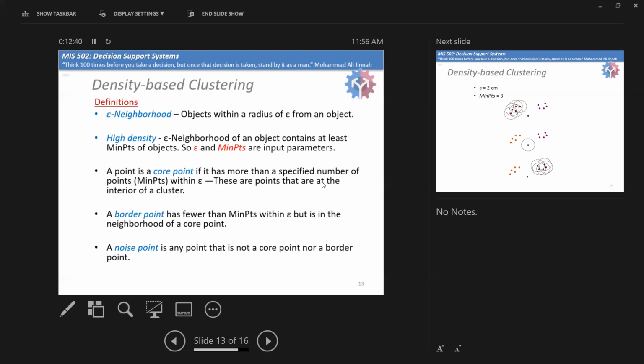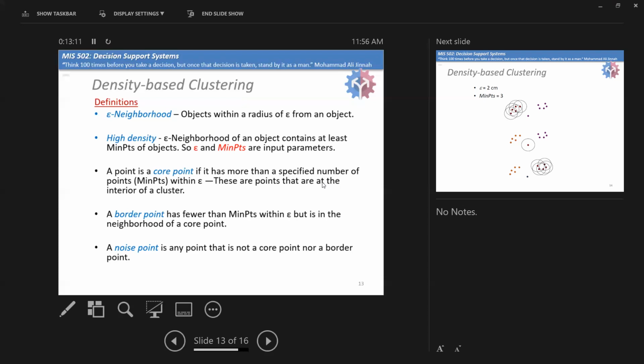If you understand these concepts, then we can classify the points that we are evaluating as either a core point, a border point, or a noise point. By putting a circle on top of a point and looking into the neighborhood, we can decide whether this point is a core point, a border point, or a noise point.